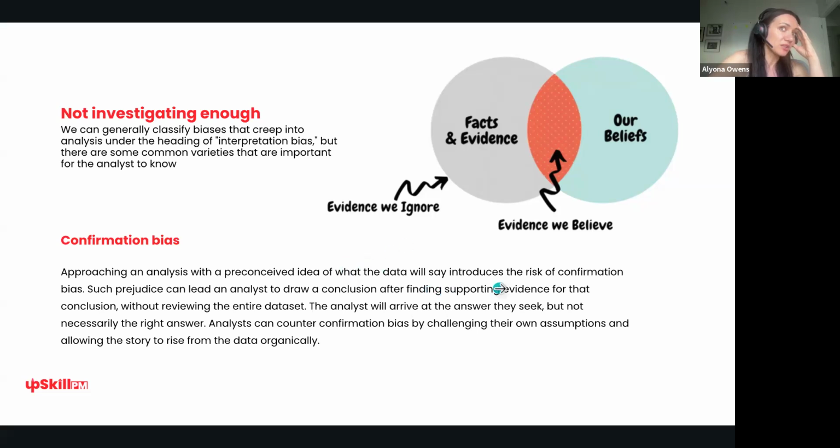Yeah, so you have your assumption and you're just looking for approval or confirmation of that conclusion, and you're not broadening your spectrum basically. So that is the confirmation bias.